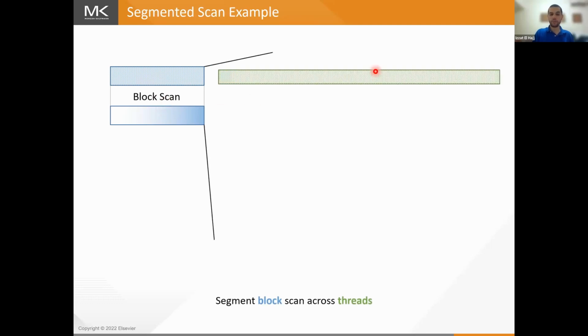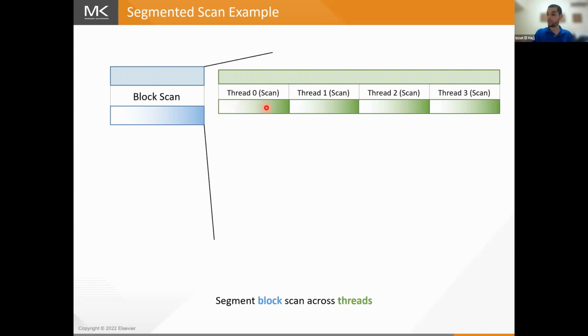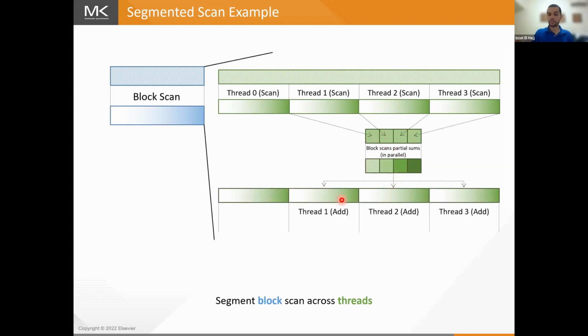Every thread now is going to take a segment in our input instead of a single element. The thread is going to do a sequential scan of that segment, which is work efficient. It does O(n) operations, where n is the number of elements in the segment. And then the thread contributes those partial sums. We use the thread block to scan those partial sums in parallel. And then every thread is going to go back and add that value to its own segment.